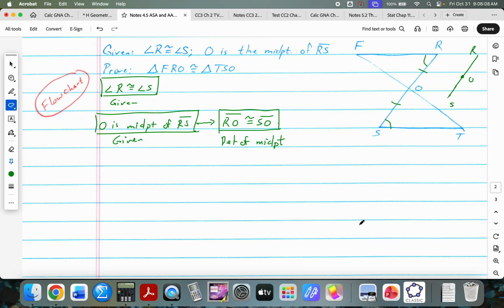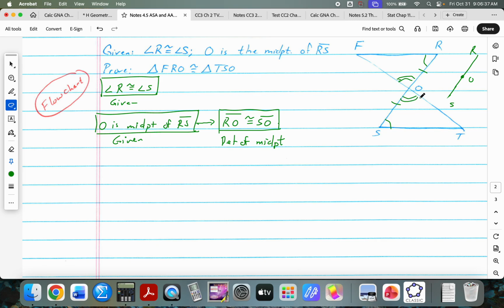And then, as almost always happens in these, you run out of stuff that you can get from the given. When that happens, there has to be something that's true, something that's congruent because of the way it is in the diagram. Yes, ma'am. Angle ROT and SOT are congruent because they're vertical angles. Exactly right.